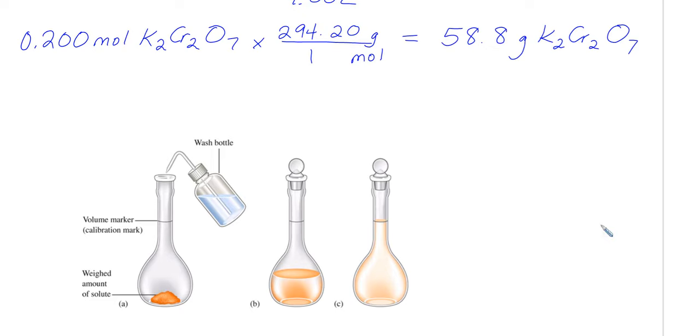If I need to explain how to make this solution, I'm going to start with step 1. Measure 58.8 grams of the potassium dichromate. And this would be a solid. It's kind of a yellowy solid. On electronic balance.